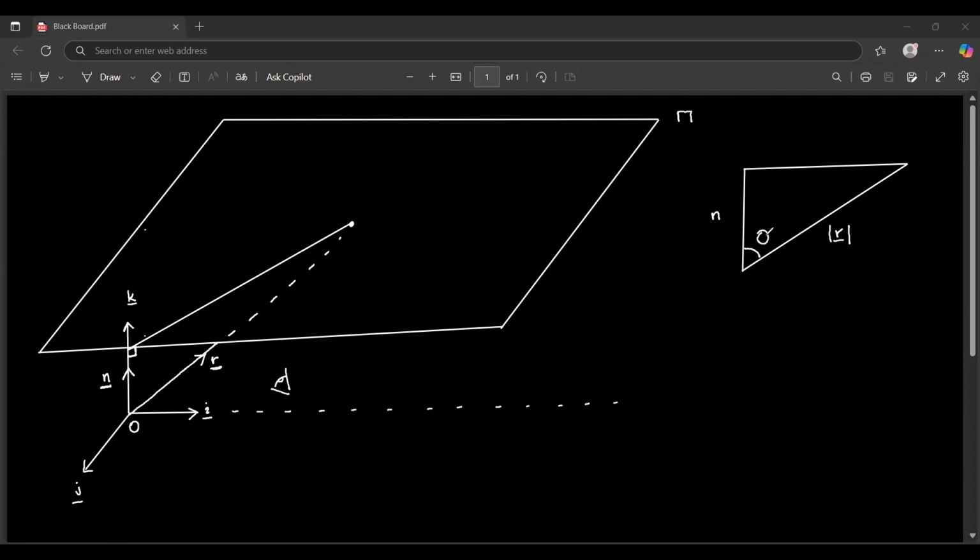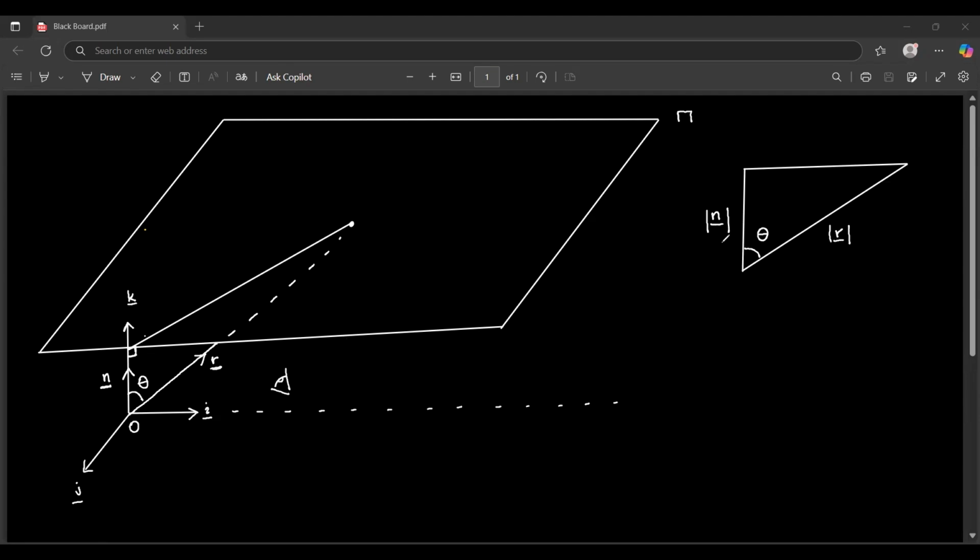The adjacent side will be the absolute value of the normal vector. This is what we have here.